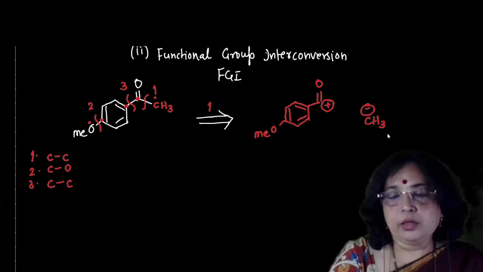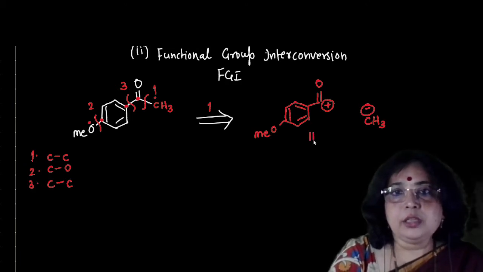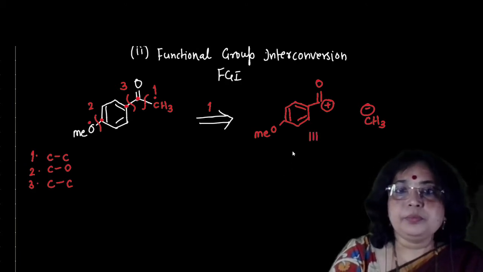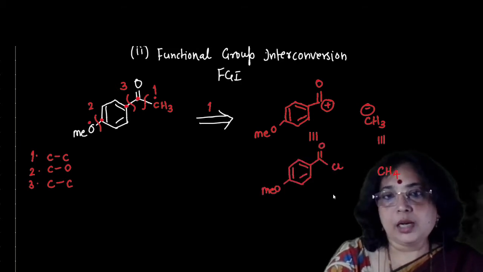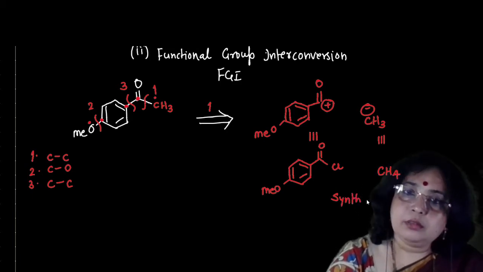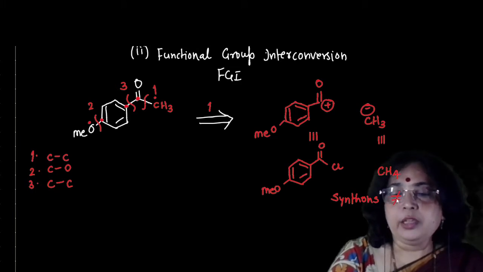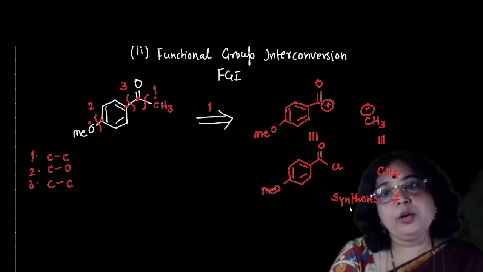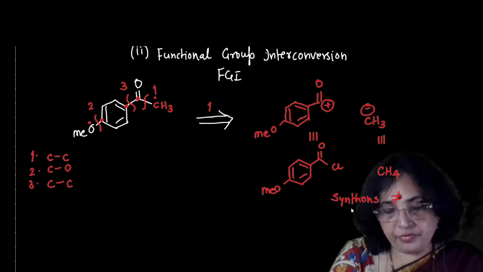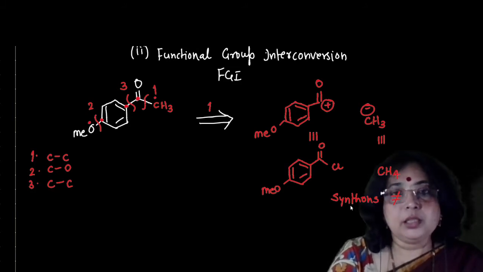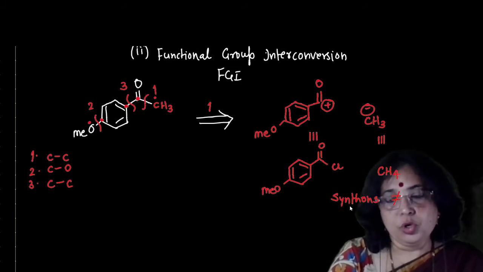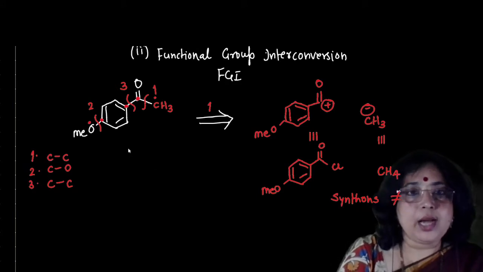So this is a methide group. When we see the synthons, these synthons are not very reliable synthons. So we can obtain better synthons if we have another approach available. So let us try the other approach.